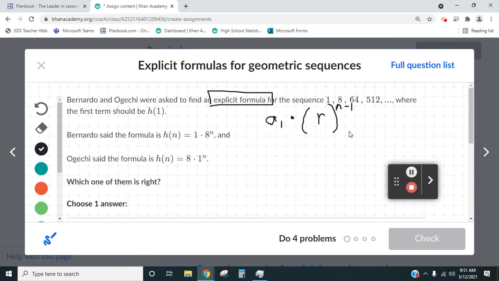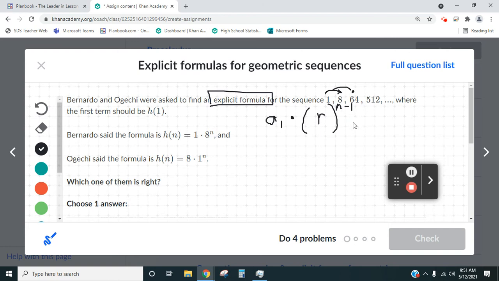Let's talk about it. What does that mean? Why doesn't it just say n? Right. When you are at 64, how many times have you multiplied by 8? 2. Even though 64 is the 3rd number, you're at multiplied by 8 2 times.